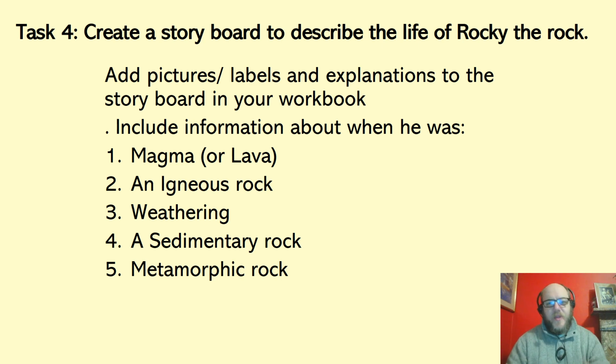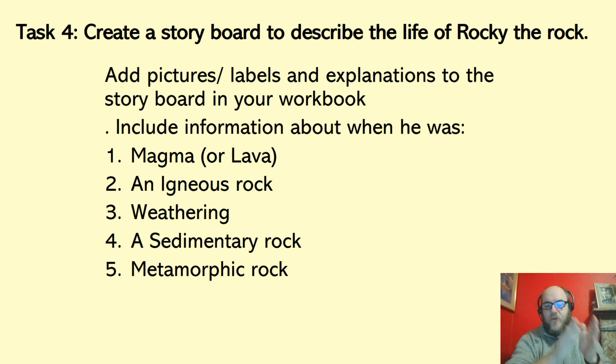Now, I want that journey to start Rocky off as magma or lava, and then his journey into cooling and becoming an igneous rock, and then talk about weathering, and then him forming into a sedimentary rock, and then being crushed towards the heat of the mantle to become a metamorphic rock.